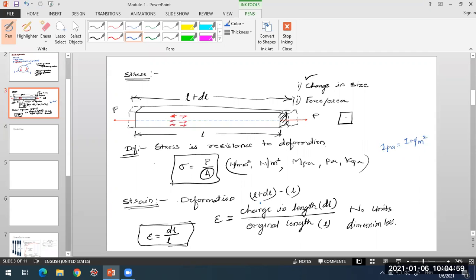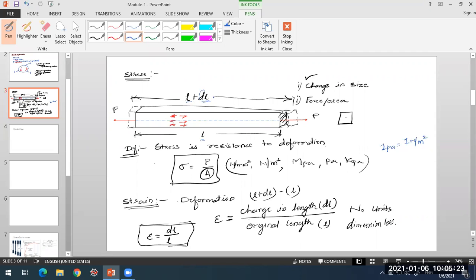Coming to strain, it is the measurement of relative change in the dimensions. We express it as a ratio of the change in length to the original length. For example, in this part itself, the original length was L. After the application of load, the length has increased to L plus DL.